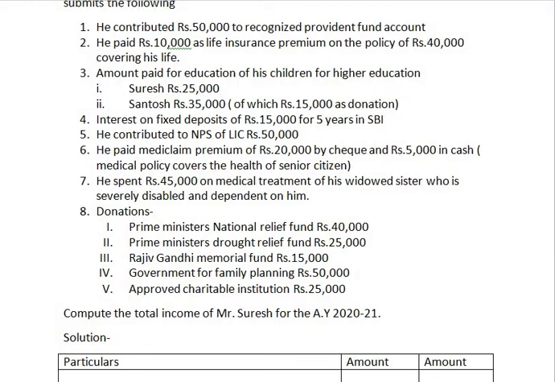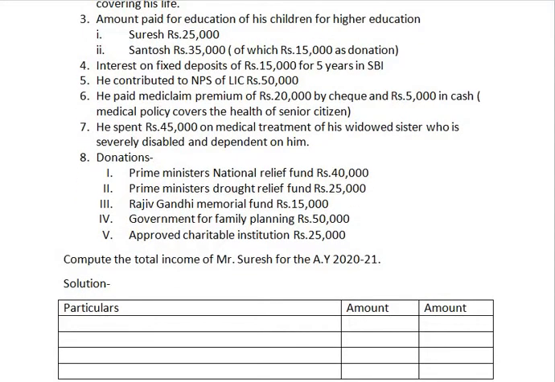Interest on fixed deposit of rupees 15,000 for 5 years in SBI. He contributed to NPS of LIC rupees 50,000. He paid Mediclaim premium of rupees 20,000 by check and rupees 5,000 in cash, and the medical policy covers the health of a senior citizen. He spent rupees 45,000 on medical treatment of his widowed sister who is severely disabled and dependent on him.